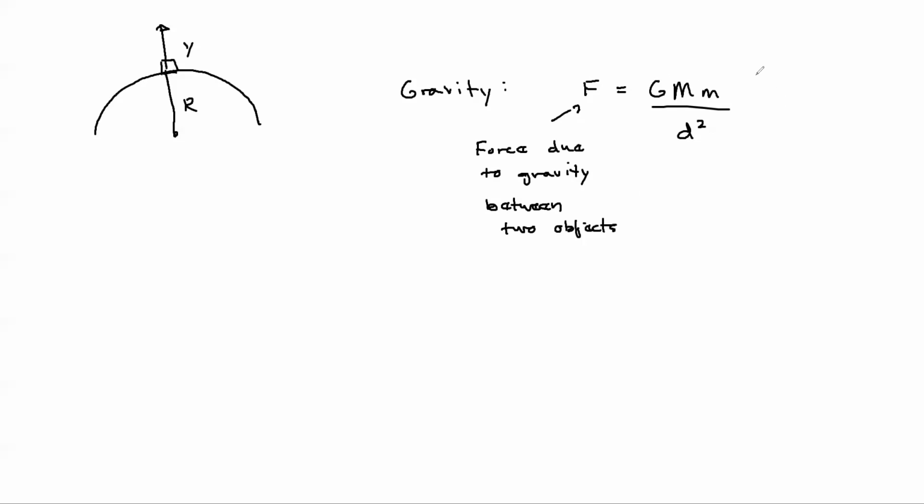Here d is the distance between the objects, and we should say the distance between the centers of the objects. Capital G is a gravitational constant.